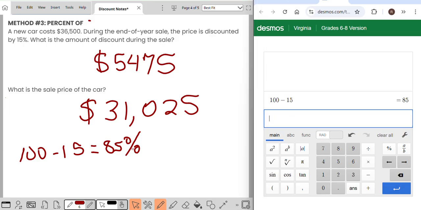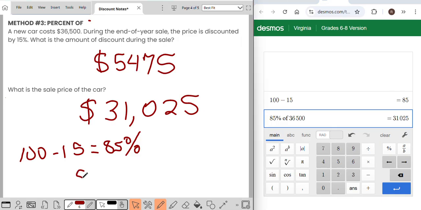So I'm going to go ahead and go to the next line, and I'm going to say, what is 85% of 31,025? Well, oh, excuse me, that wasn't the sale price. I did that wrong. I'm starting to panic now because I want to get this done. 36,500, and again, it gives you a sale price of 31,025.